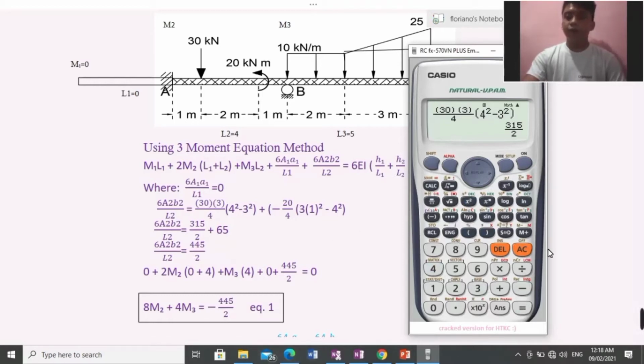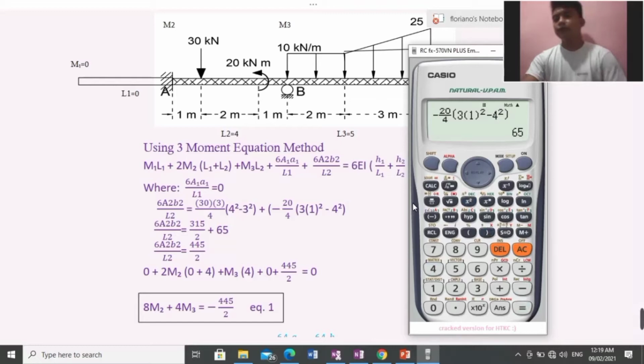So, tama. At yung next naman is negative 20 over 4 multiplied to 3 times 1 squared minus 4 squared.